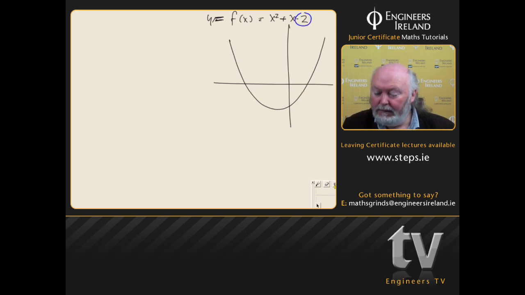Minus 2 here, so that's minus 2, and we're asked the question, when is the graph negative, or when is this function negative?